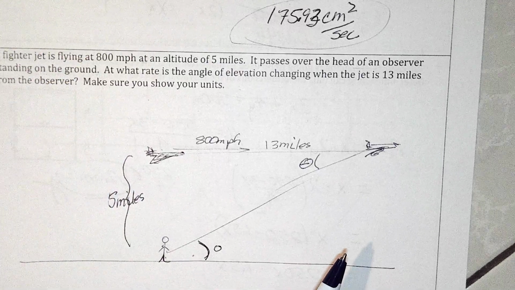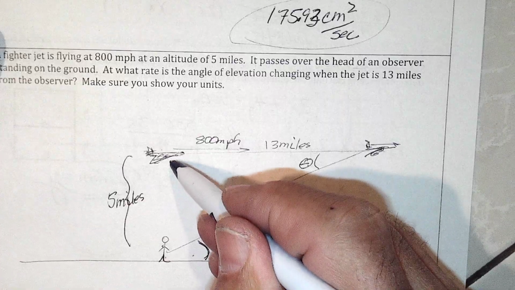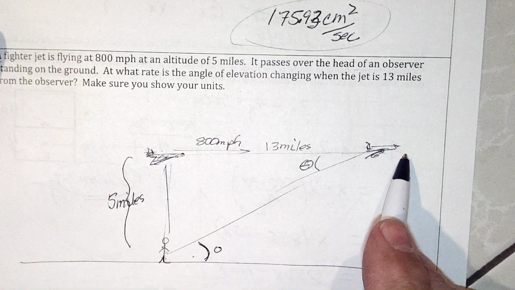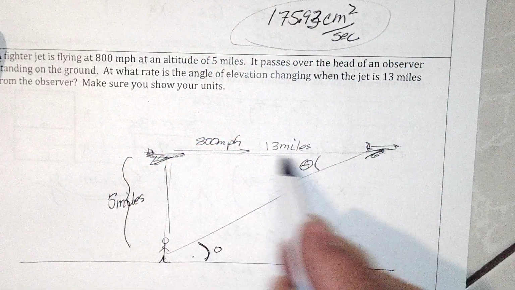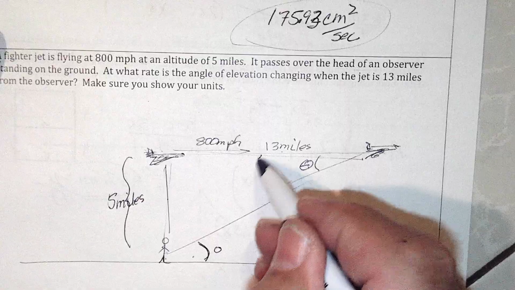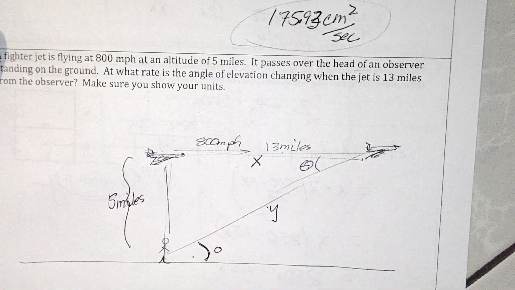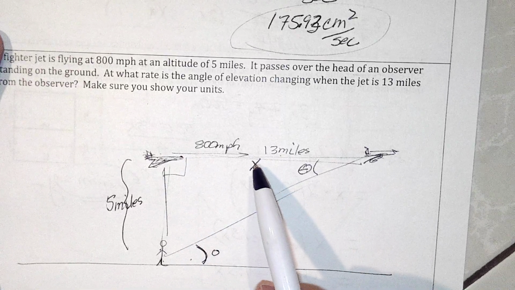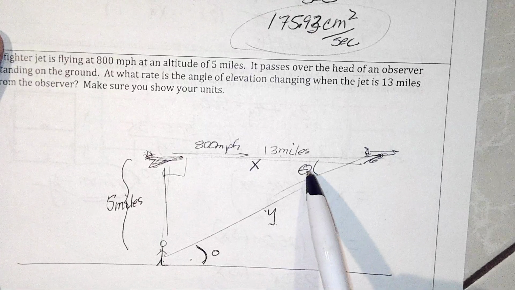Well, let's see. This angle, this side is always 5. It's flying at 5 miles high. This side is changing, so I got to put x there. And this side is changing. I could put a y there. I have a right triangle, and I could do Pythagorean theorem. 5 squared plus x squared equals y squared. But I want to involve the angle.